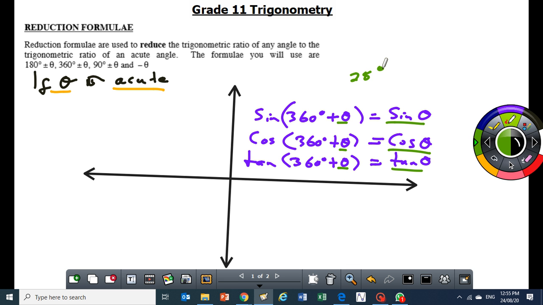Punch sine 360 plus 25 degrees. You are getting a positive answer, am I right? I said sine, where there is theta, you put 25.